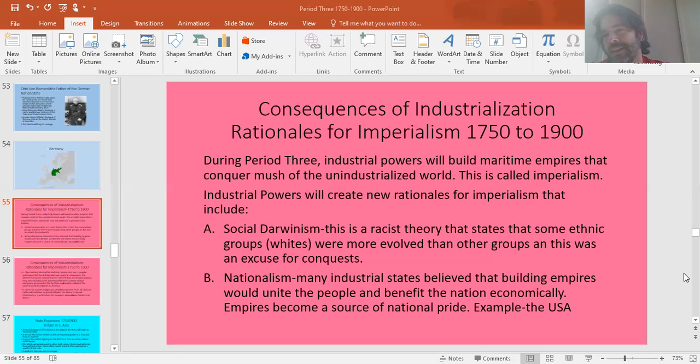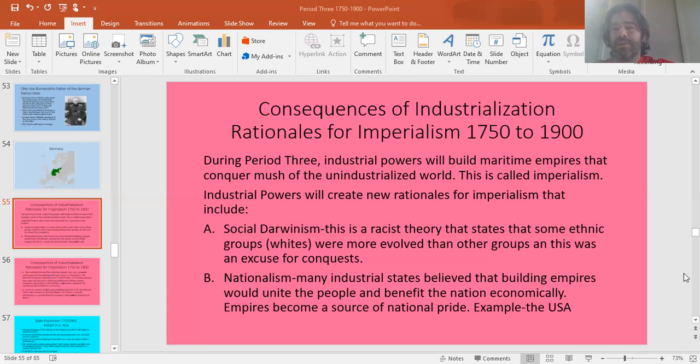And the first is a theory called social Darwinism. Now, I'm sure in your science classes you've talked about the works of Charles Darwin and his theories of evolution. These theories were created in period 2, the idea that all species have evolved, and some species have evolved to be further and more complex groups of people, like humans, than others.